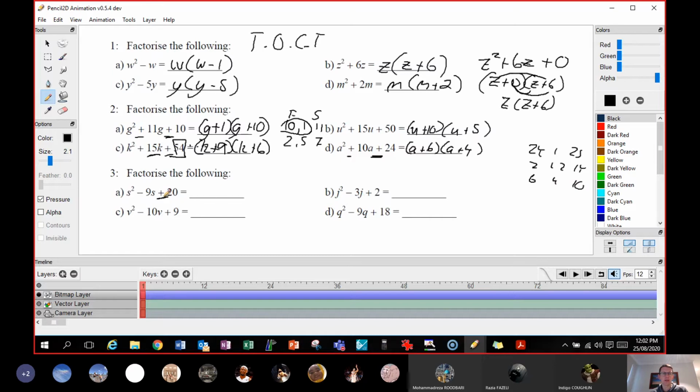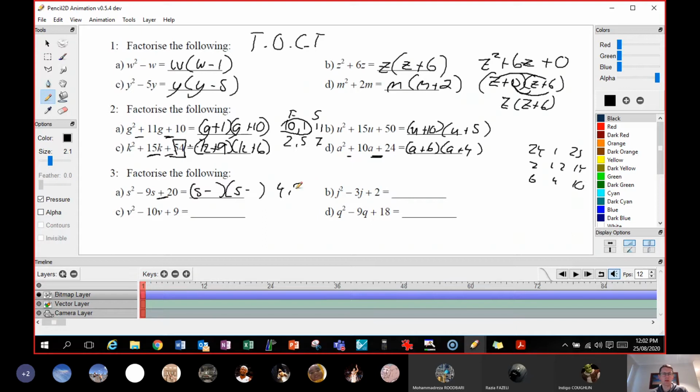Here, let's look at this. Same, but it's going to give me a negative. So that means it has to be negative in both of them. They have to be both the same because we have addition, and we're looking for the sum of negative 9. Two numbers that multiply to positive 20, but add together to give you negative 9. 4 times 5, right?